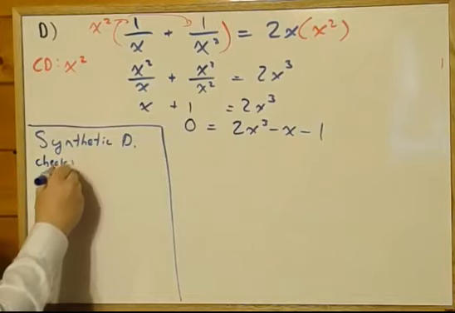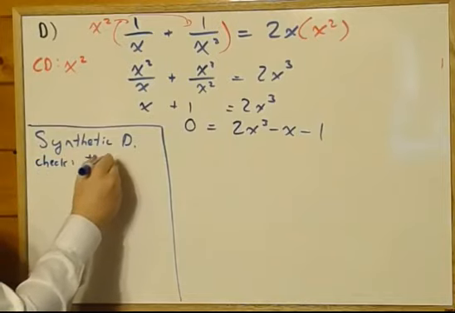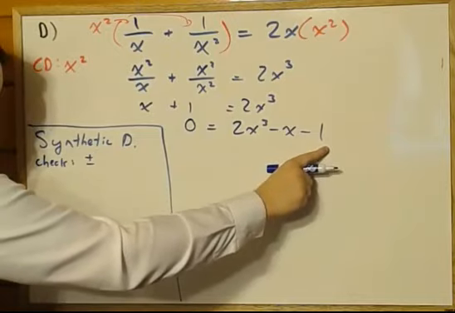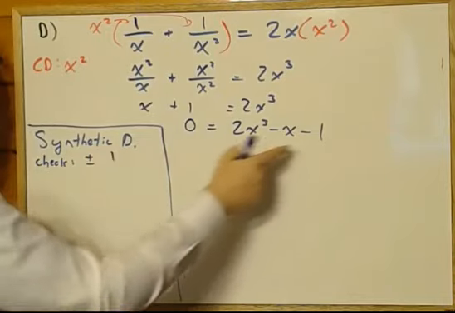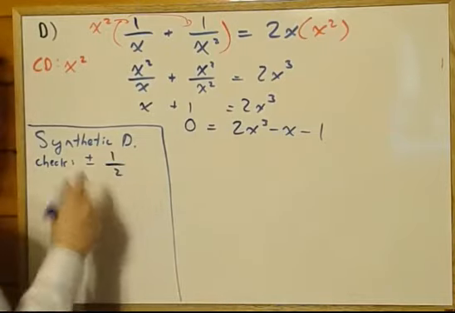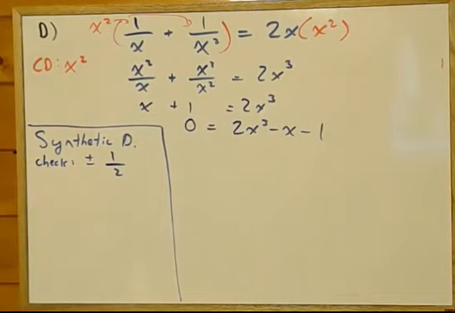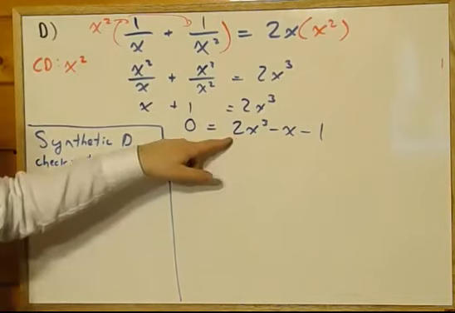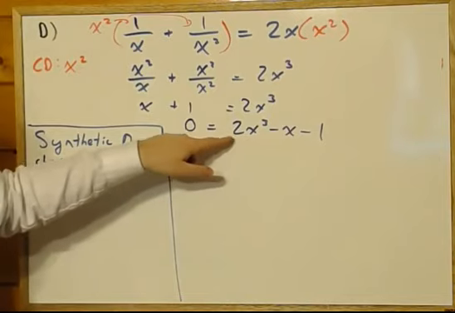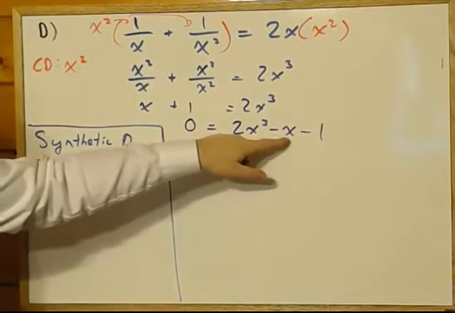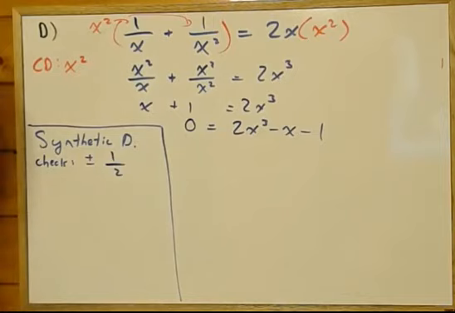We'll need to check combinations of plus or minus the constant 1 over the numerator 2. So this was the rational portion of the factor theorem. Here, by inspection, if x was equal to 1, 2 minus 1 minus 1 would give us 0.